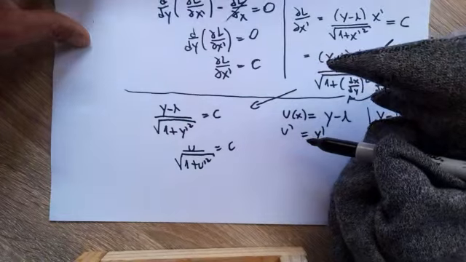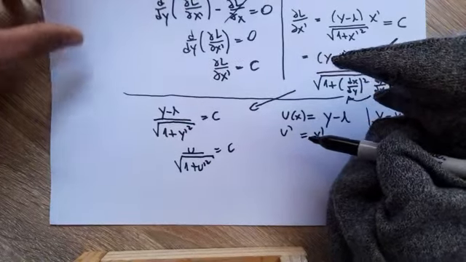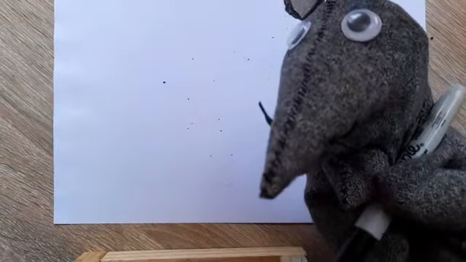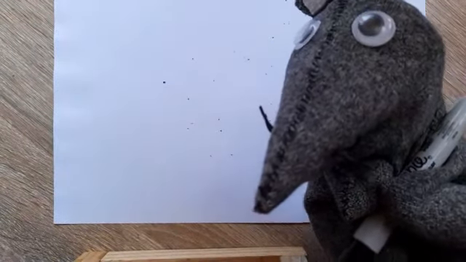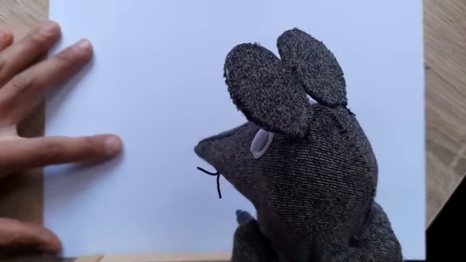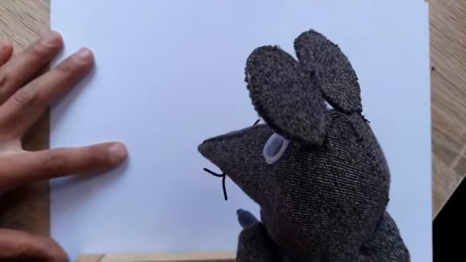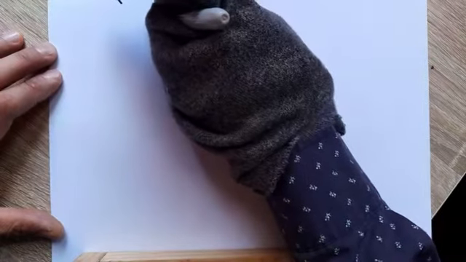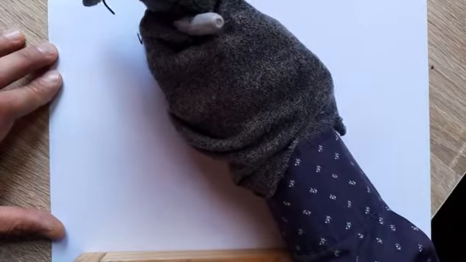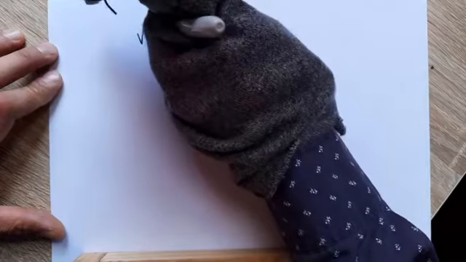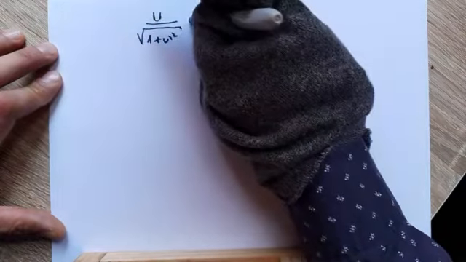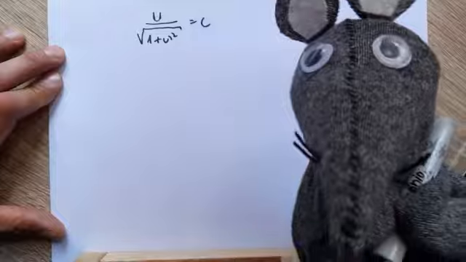That equation is very well known. You can easily see that the solution is a hyperbolic cosine. So we will write it again: u over the square root of 1 plus u prime square equals c.